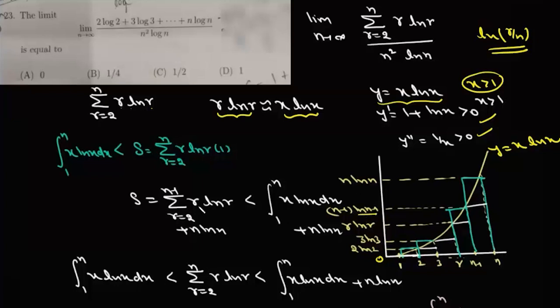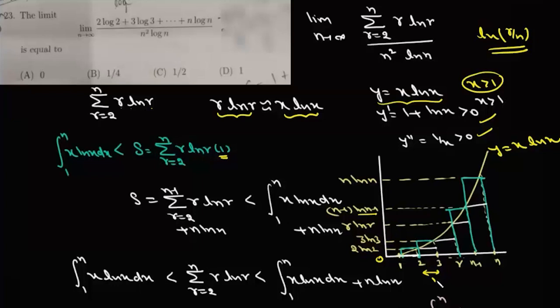Now we'll come back to our series, which is the summation r varies from 2 to n of r log r, and we'll take this as r log r into 1. So what we are doing is multiplying r log r with 1, and 1 is basically the width of this interval. So we are talking about the area of rectangles.